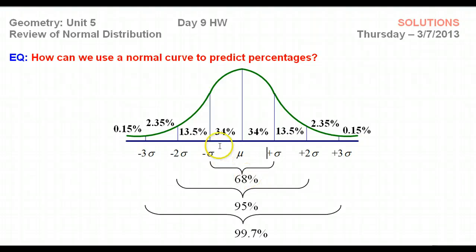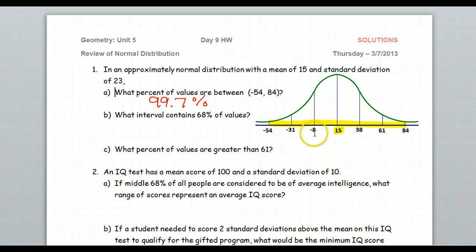Now, what interval contains 68% of the data? Well, like I just reminded you, 68% of the data is going to be 1 standard deviation in both directions. So from here to here, using these numbers, that's going to be from negative 8 to 38. This is 1 standard deviation in both directions, so that will be 68% of the data.